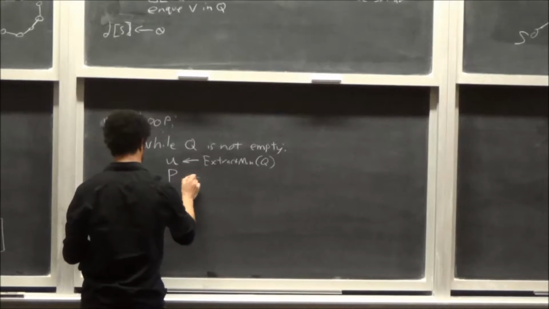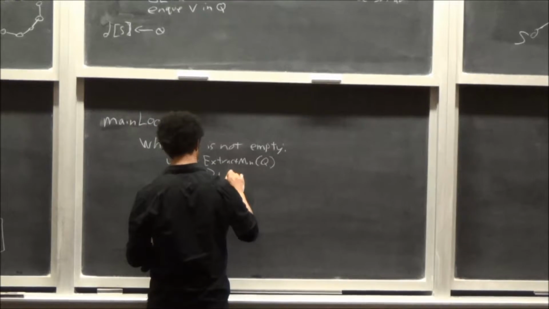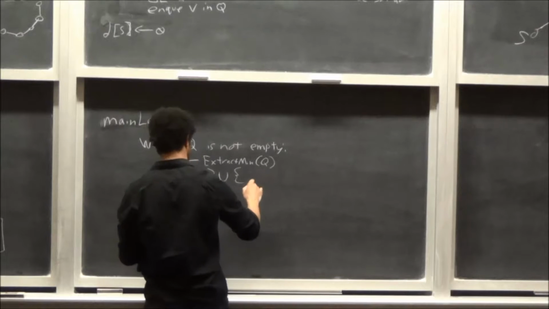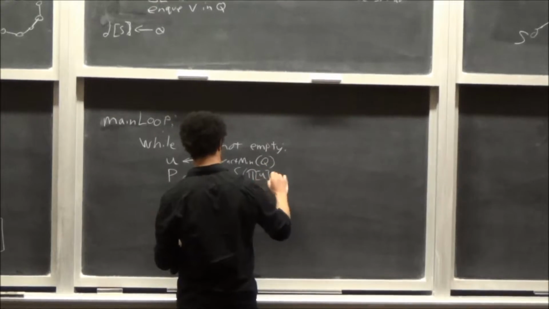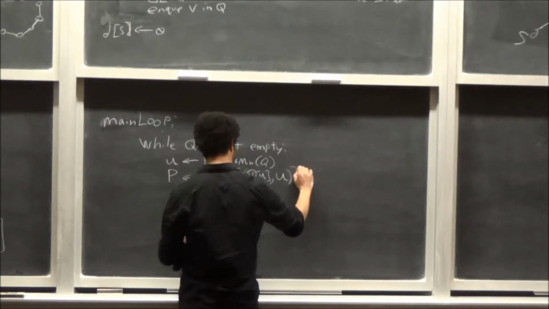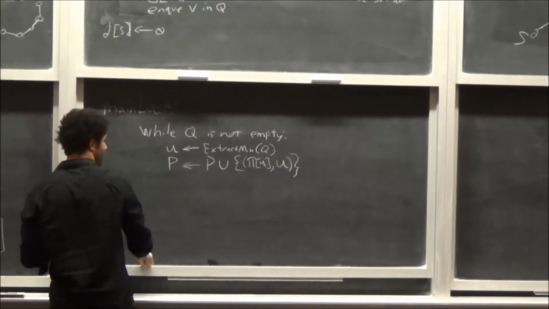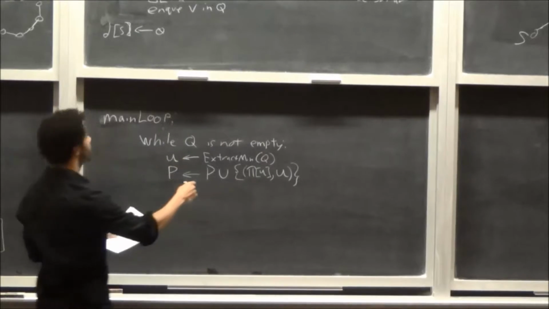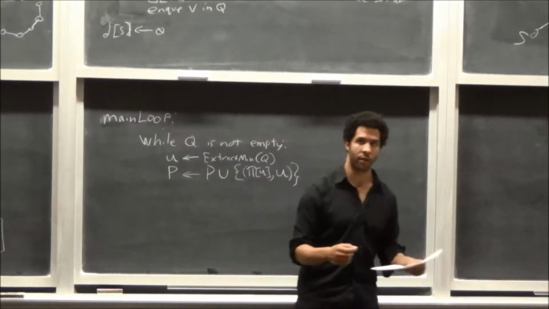I'm going to set P, we're just going to add in a pointer to our U, or to the sort of traceback, and our U element. So that's going to be our path tree that we're slowly building. So do you guys understand what pi is? Pi is going to be our tree at the end of the day.